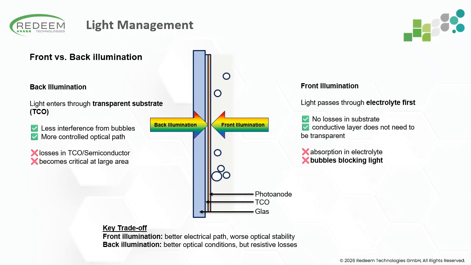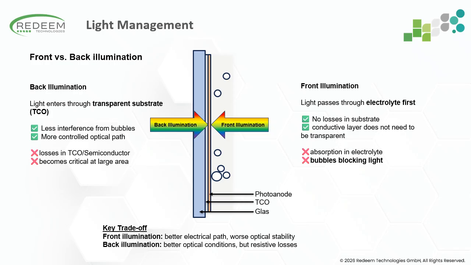So if you look at the graphic here in the middle, there are 2 fundamental ways to illuminate a photoelectrode. In back illumination, shown on the left, light first enters through the transparent substrate and then the transparent conductive oxide, or TCO, before reaching the photoactive semiconductor. The major advantage is that the light never has to travel through the electrolyte.